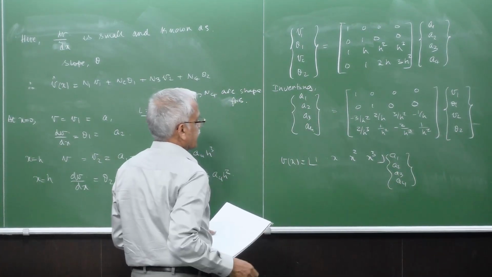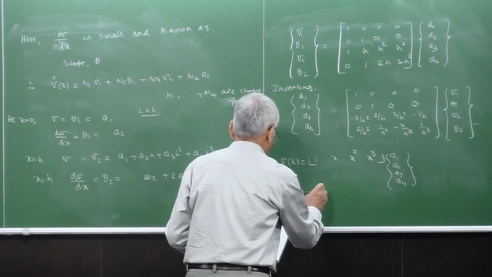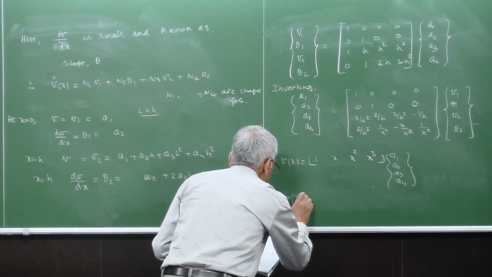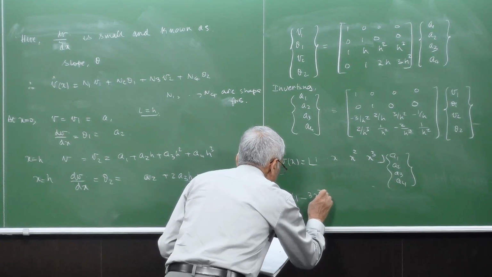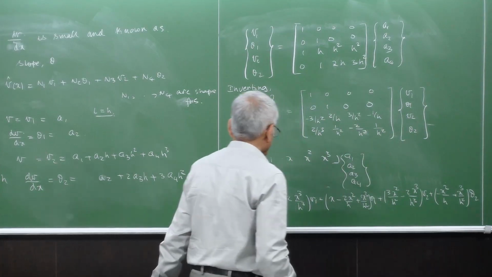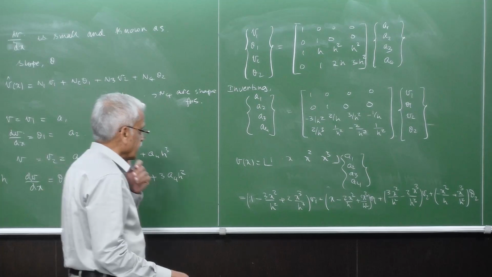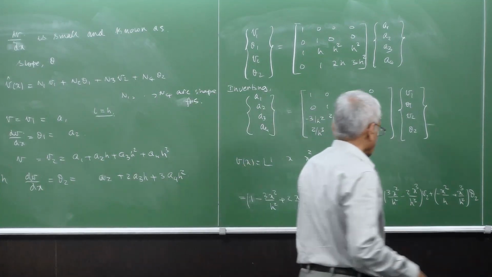So whatever you get for A1, A2, A3, A4, you can substitute it here. Okay, so this is how V can be written in terms of V1, theta 1, V2, theta 2.